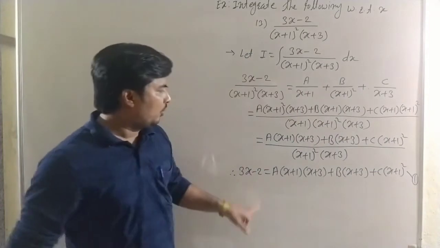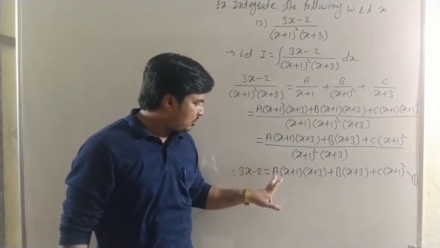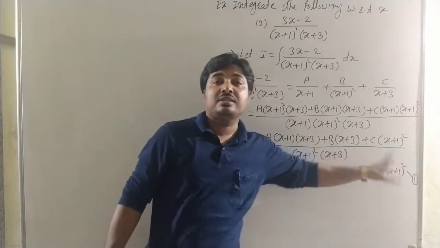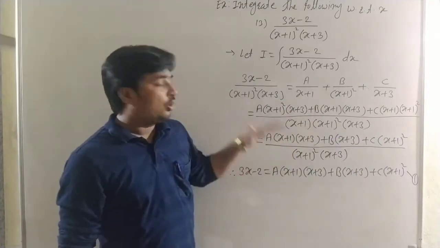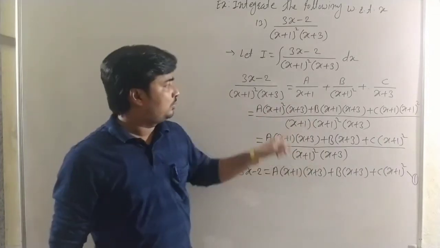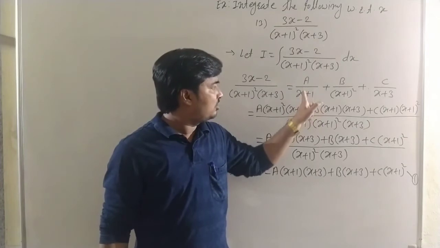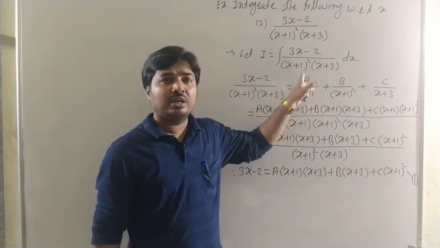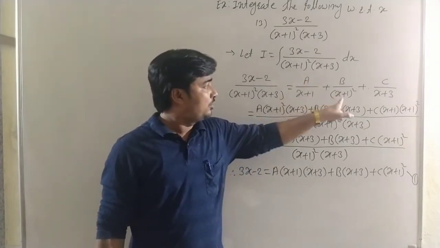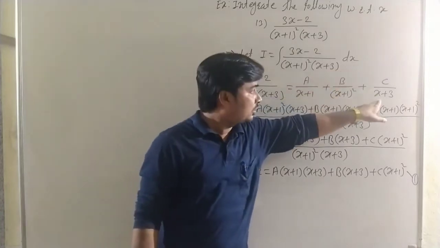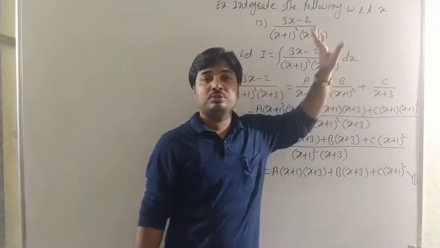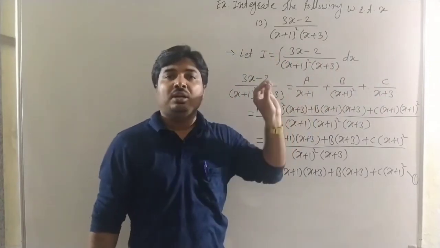Now we want to find the values of the constants A, B and C. In the non-repeated linear factor case we can put the linear factor equal to 0, and we get the values of the constants.